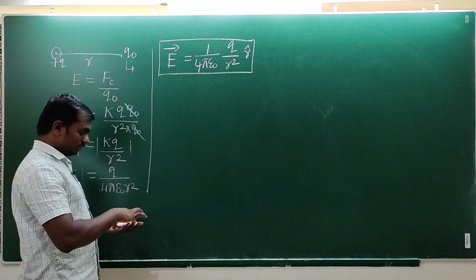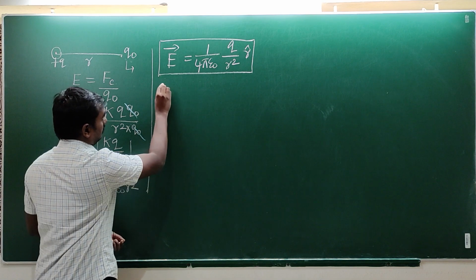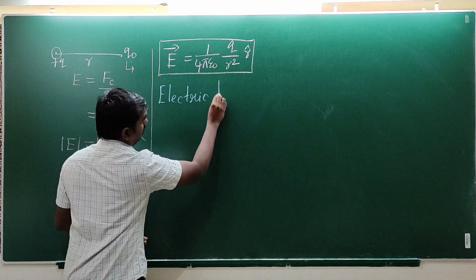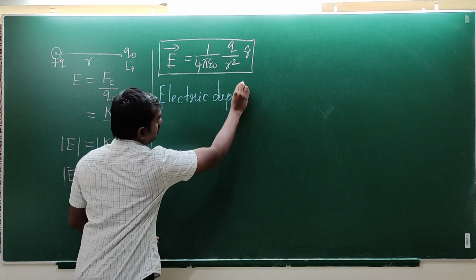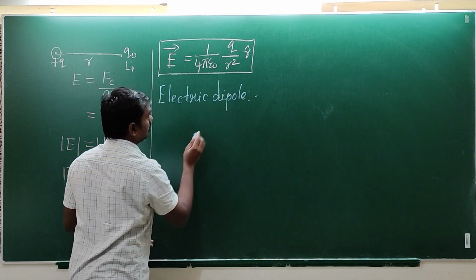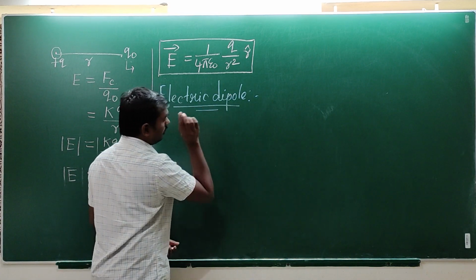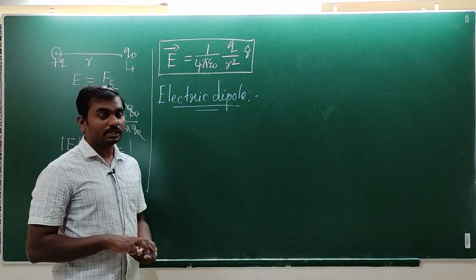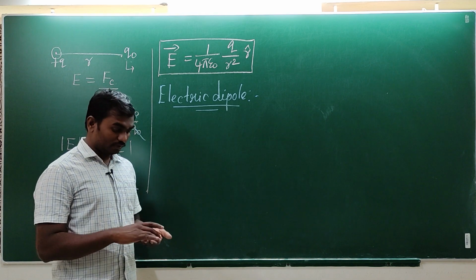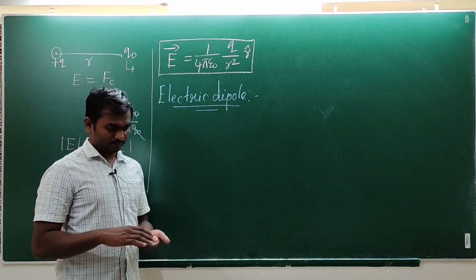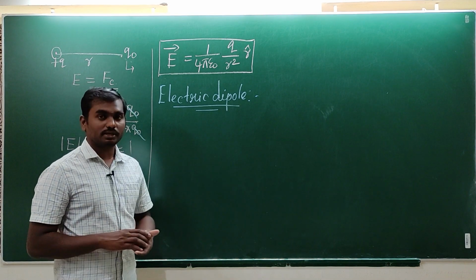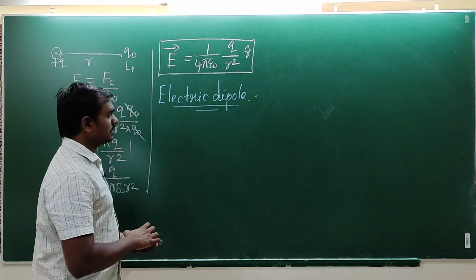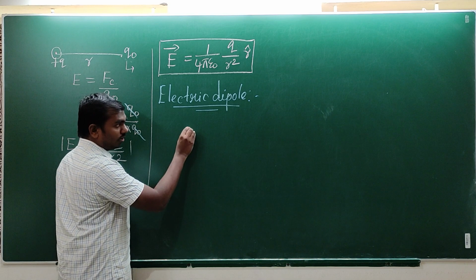So very simple, electric dipole, this is a very important concept. Electric dipole, simply we can define, is a pair of equal and opposite charges separated by a very small distance.